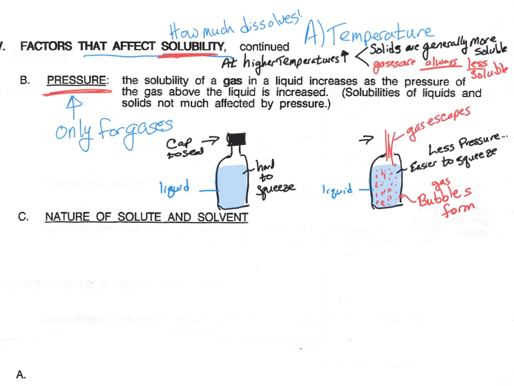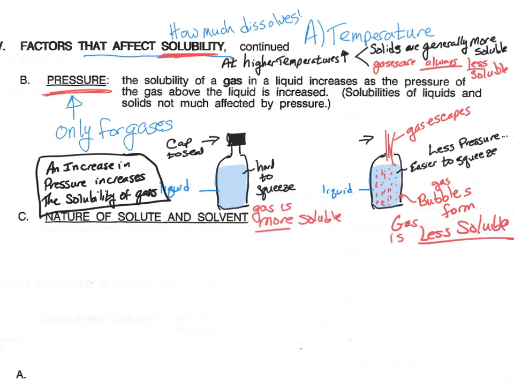Because they're being released from the solution, when you don't have the pressure to push them back in, the solubility is decreased. As you increase the pressure, you can force those bubbles back in, but when you lower the pressure, the bubbles come back out of the liquid. So overall, we know that an increase in pressure increases the solubility of a gas.